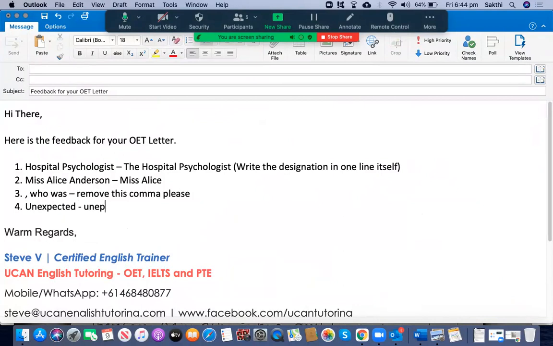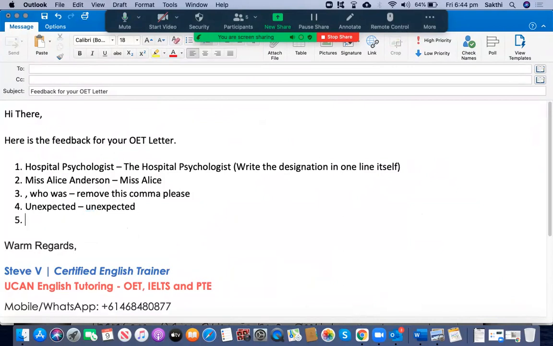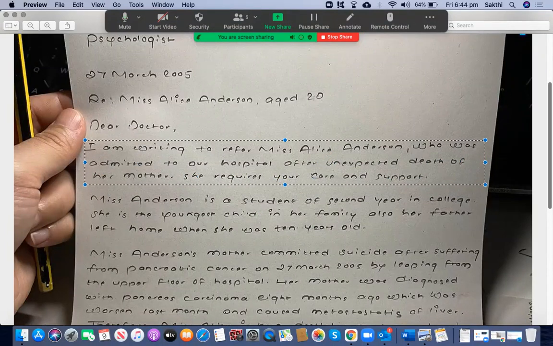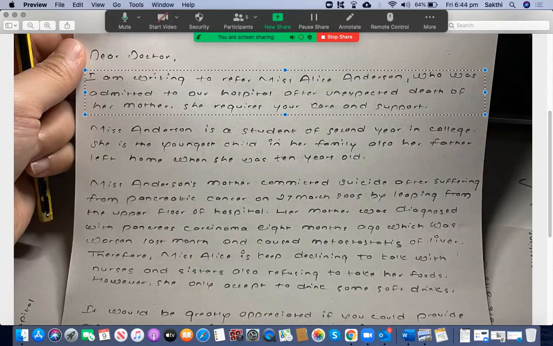There is a difference between small u and capital U. All right, let me go to the next one. Admitted to a hospital. She requires your care and support. That's good. So apart from these minor mistakes, your introduction paragraph sounds good to me. I'm happy with that.